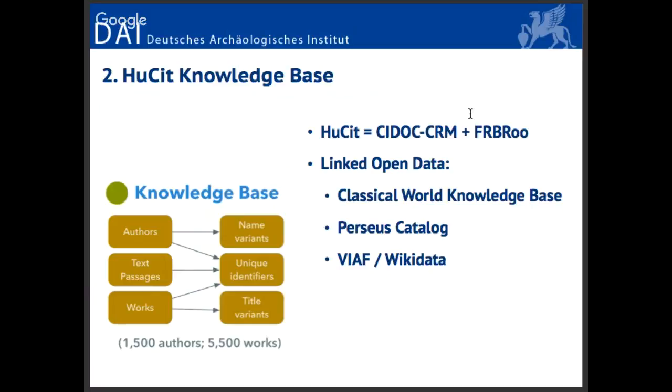The good thing of having the CWKB, but most importantly the Perseus catalog data, is that from that we can quite easily go to VIAF and to Wikidata, and from those sources then we can fetch a lot of labels for authors and works in many more languages beyond those that I'm covering right now.